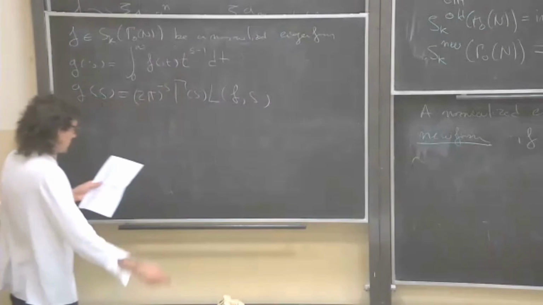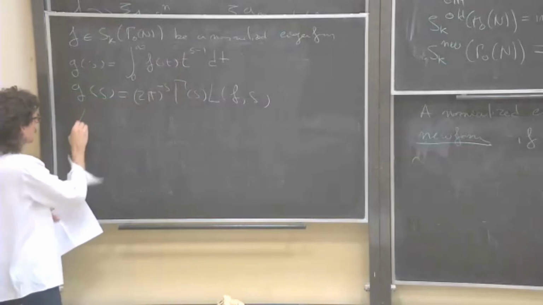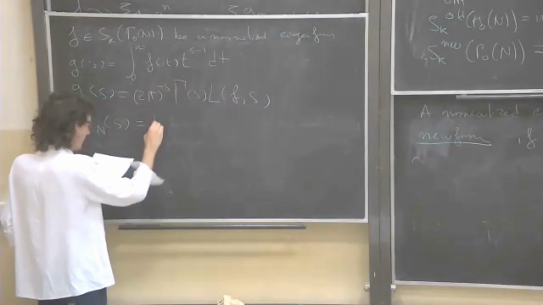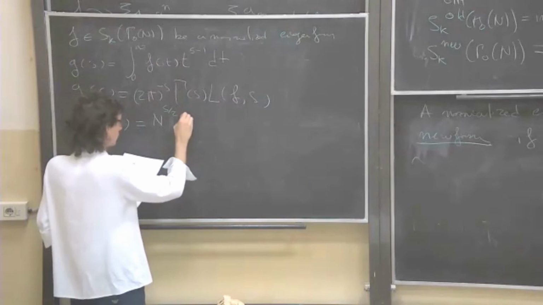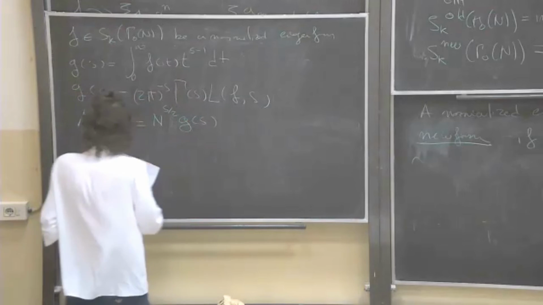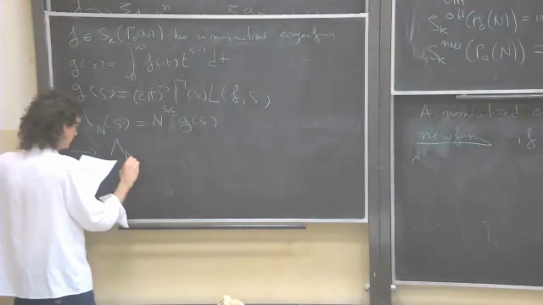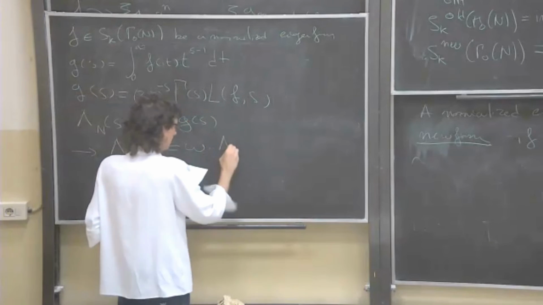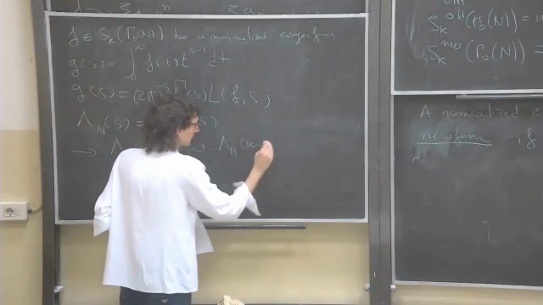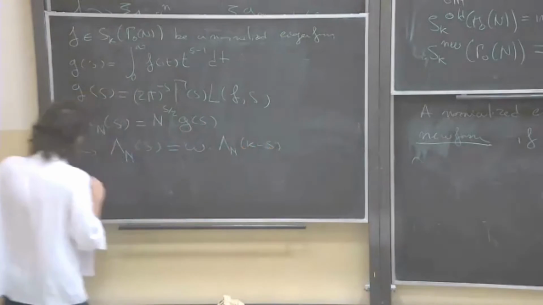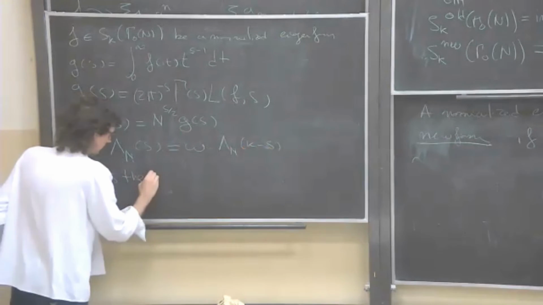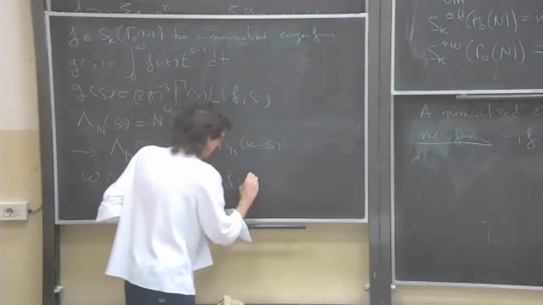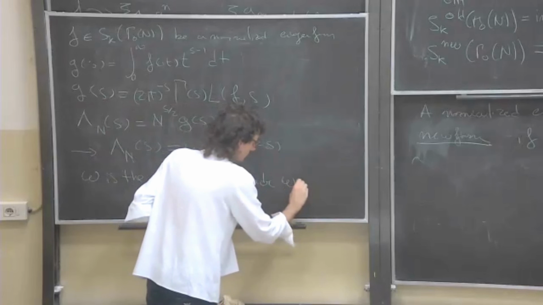Furthermore, g(s) does fit in a functional equation. We write Lambda_N(s) to be N^(s/2) g(s), and then we have Lambda_N(s) is equal to omega times Lambda_N(k - s), where omega is the eigenvalue of f under the involution W_N that we define.